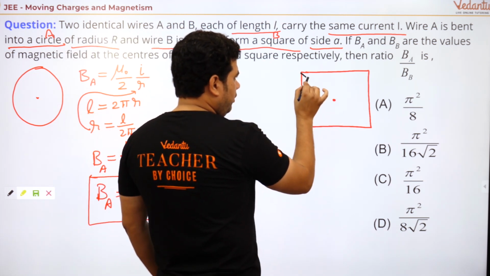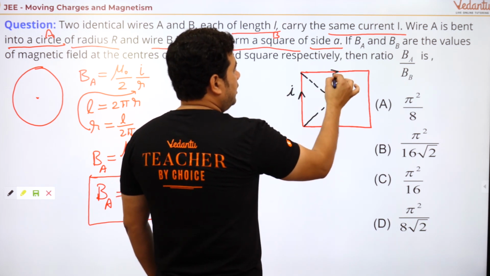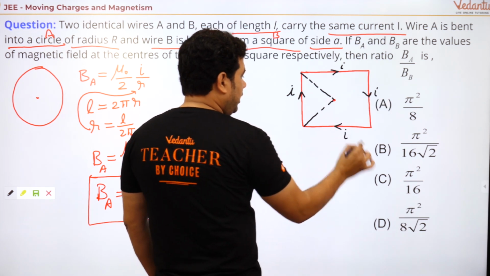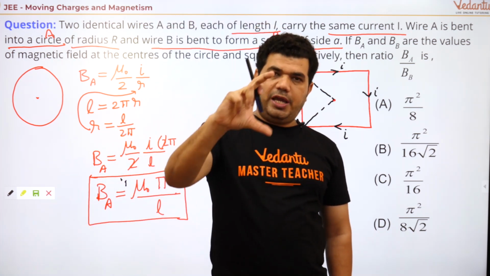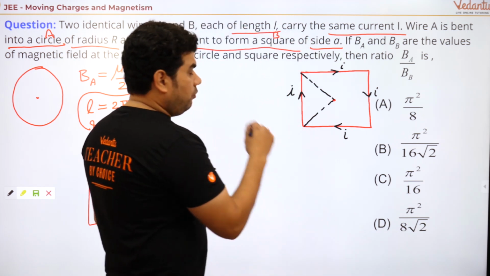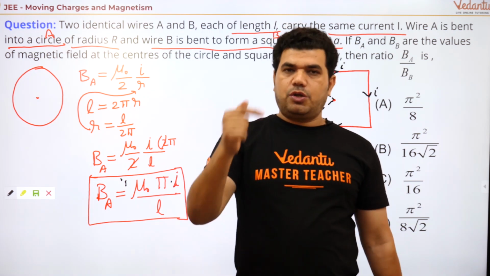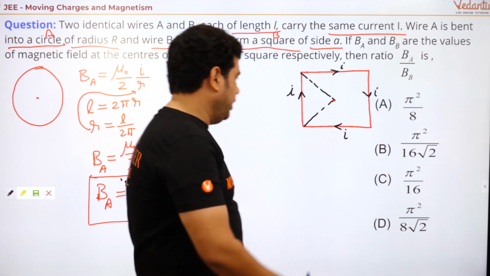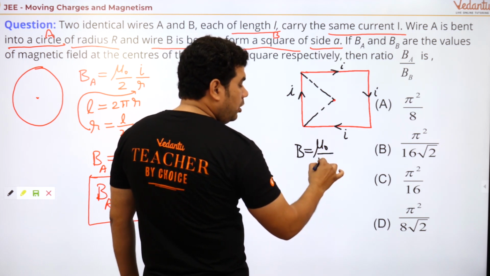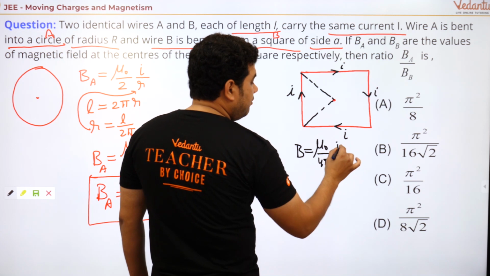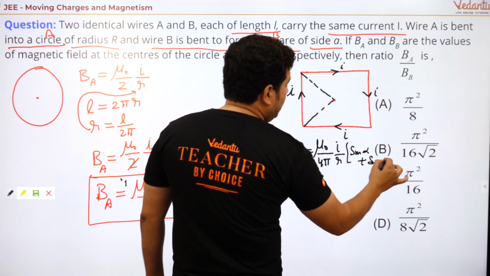For that, just join this, and this is the current I here, current I again, and again here is the current I. So here, to find the magnetic field, what will we do? We will first calculate due to one wire. For one wire, what do you have? The formula for the straight current carrying wire for the magnetic field: B is equal to mu naught upon 4 pi I divided by R, and here sine alpha plus sine beta.